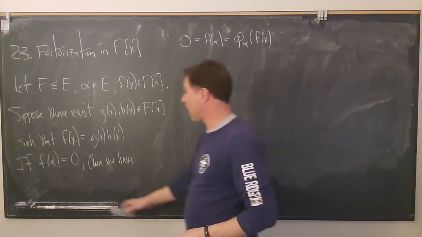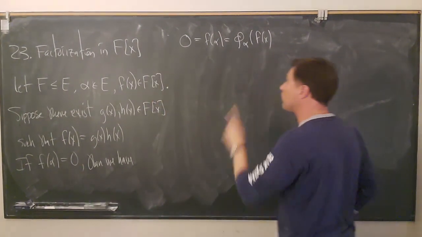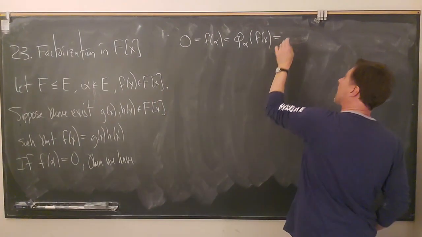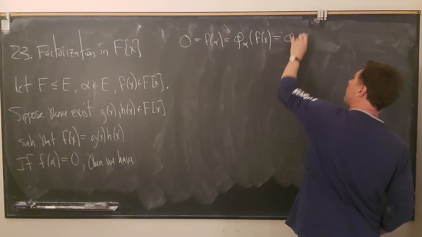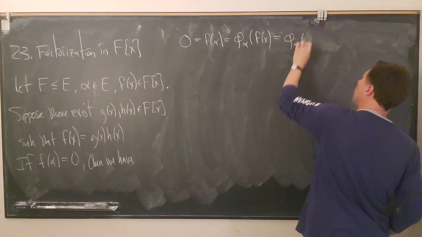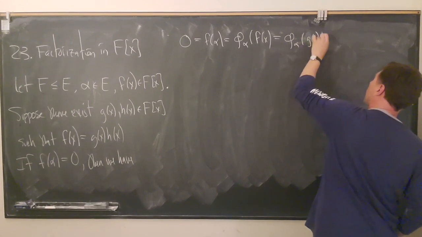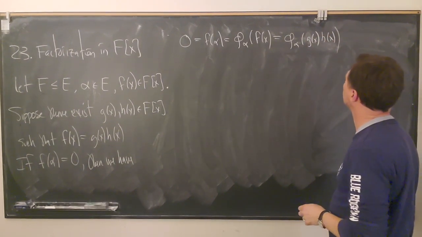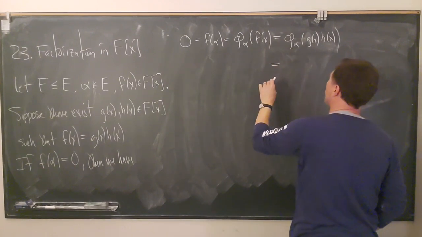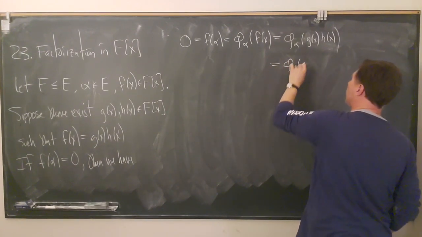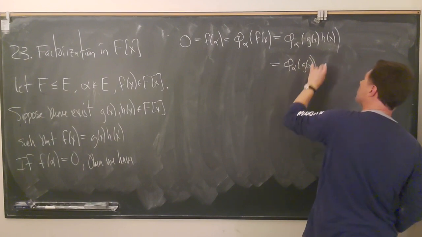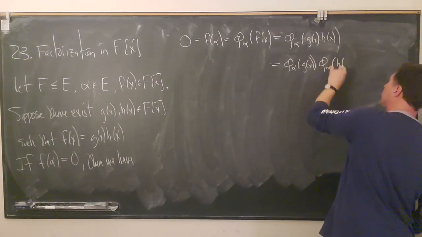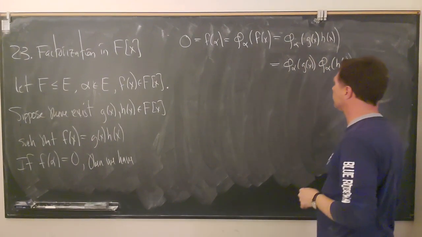Remember, phi sub alpha was our evaluation homomorphism, and now we know it's a homomorphism. So that's equal to phi sub alpha of g of x times h of x. Because this is a homomorphism, this is phi sub alpha of g of x times phi sub alpha of h of x.